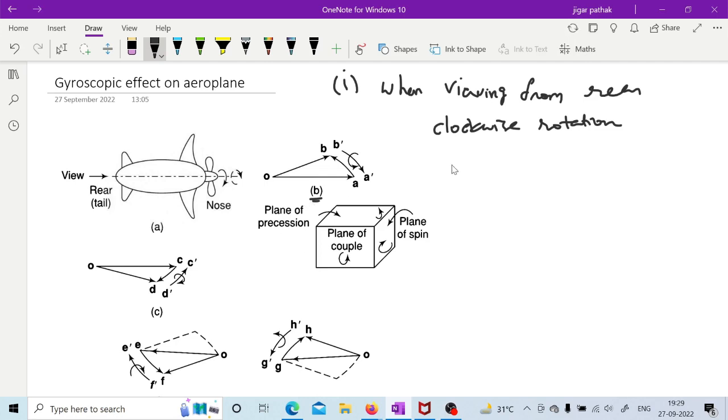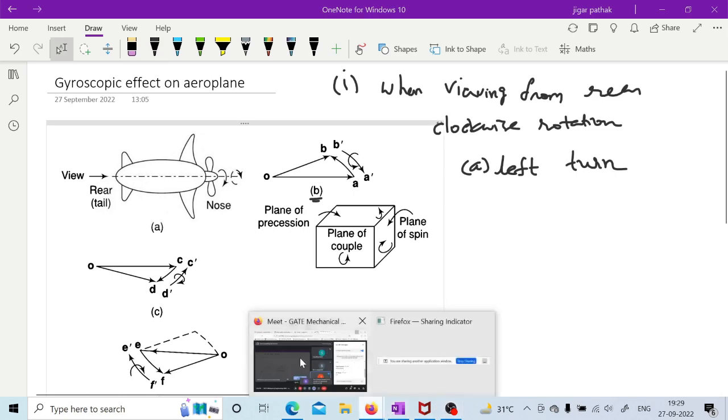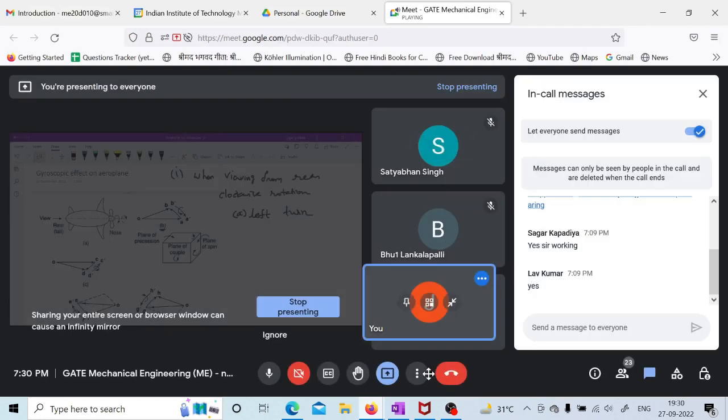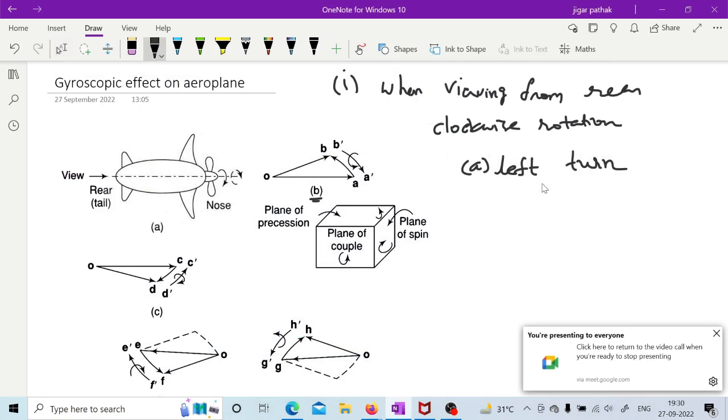Now when viewing from the rear in clockwise direction and you are taking a left turn, right? If your aeroplane is taking a left turn, then here they have shown you the plane of spin, the plane of precession, and the plane of couple, meaning your gyroscopic couple, right?